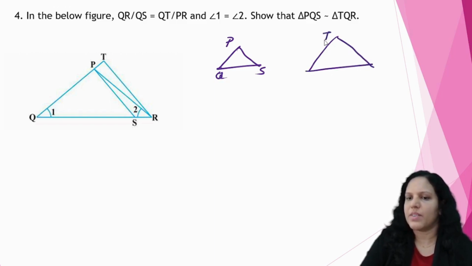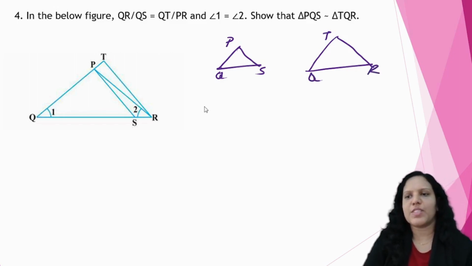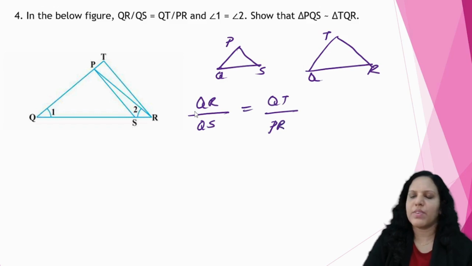So triangle TQR. And we are given QR by QS is equal to QT by PR.